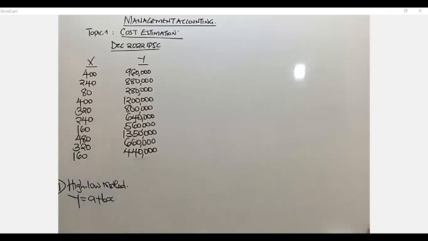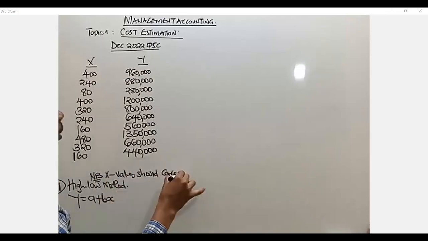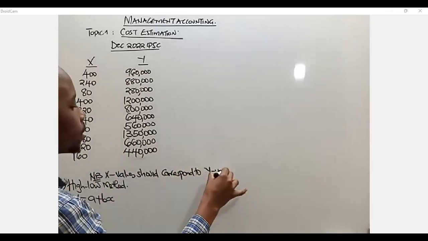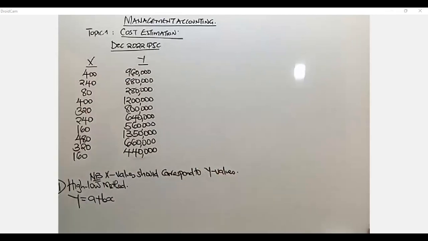Note that x values should correspond to y values. You just need to identify the highest and the lowest points from your x.